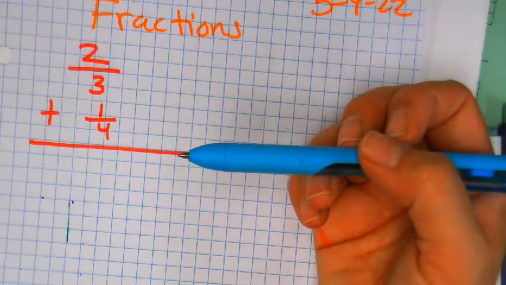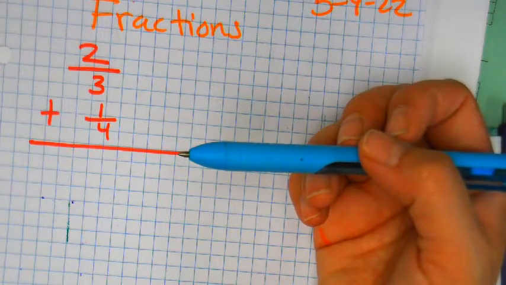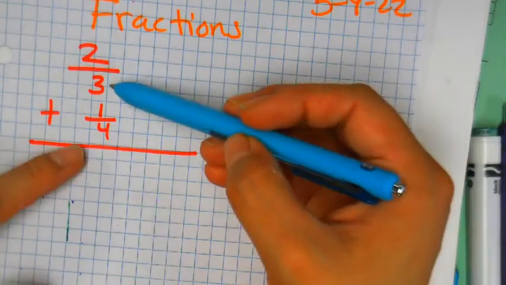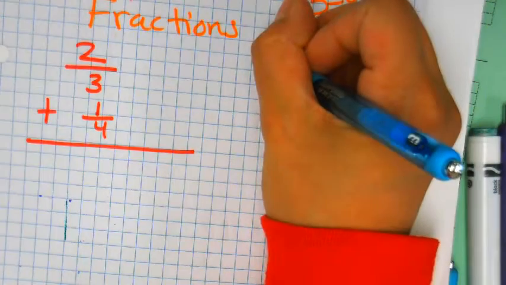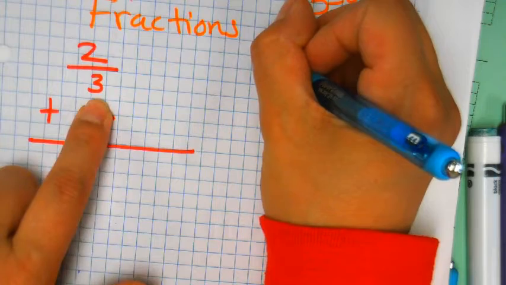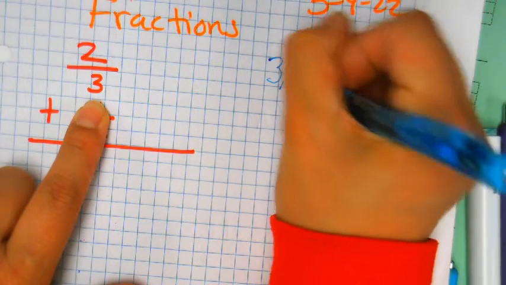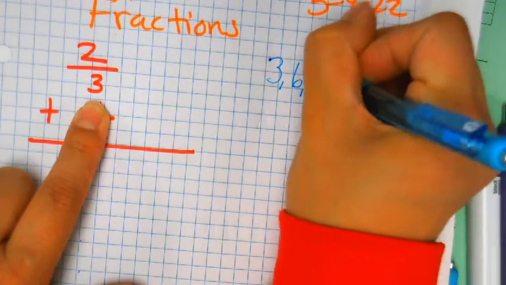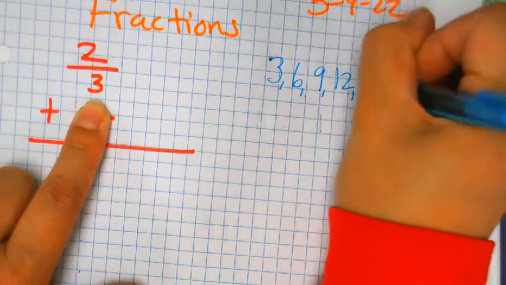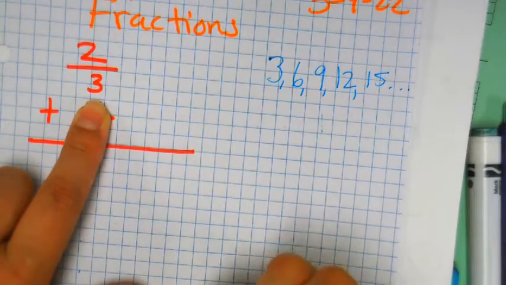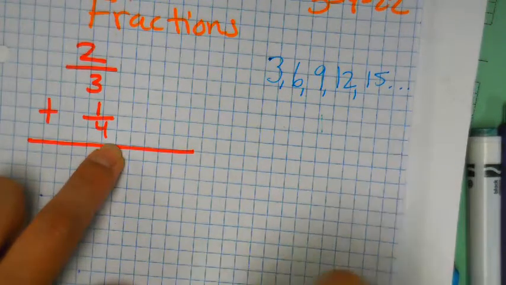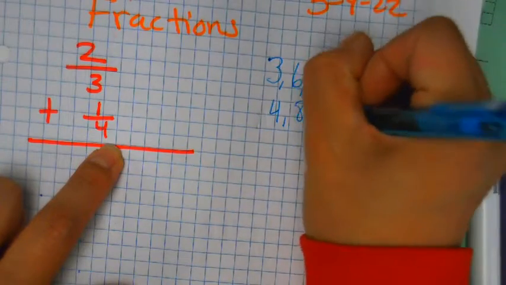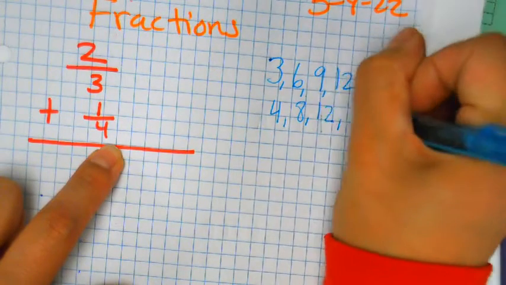And we don't simplify. We just actually do the opposite, Alyssa. We're going to start multiplying by these two numbers. So if you know it, you know it. If you don't know it, write this down. I'm going to start multiplying by 3. 3, 6, 9, 12, 15. Right? Write this down. The 4. Start multiplying by 4. 4, 8, 12, 16.